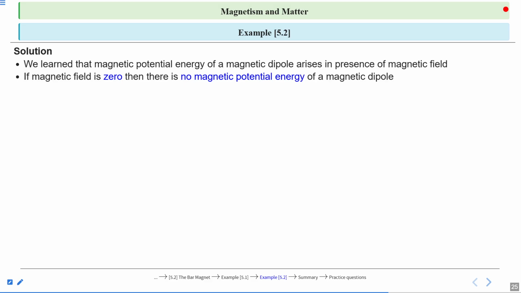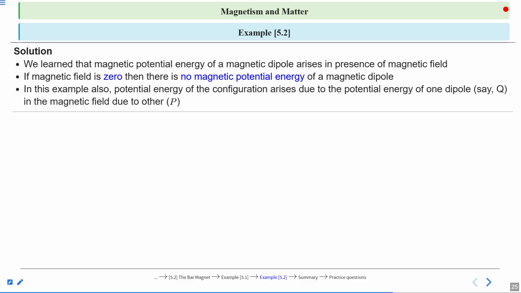In this example also, the potential energy of the configuration arises due to the potential energy of one dipole, say Q, in the magnetic field of P. So here the P needle is the primary needle, producing the magnetic field, and the other needles are affected by this field.